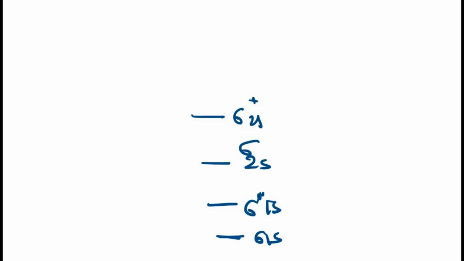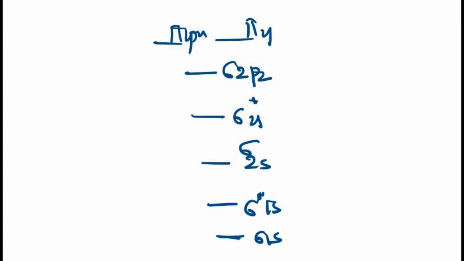Sigma 2s, sigma star 2s. Whenever the number of electrons is greater than 14, the sigma 2pz comes below. Then pi 2px, pi 2py, pi star, the antibonding orbitals, 2px and 2py, and sigma star 2pz.